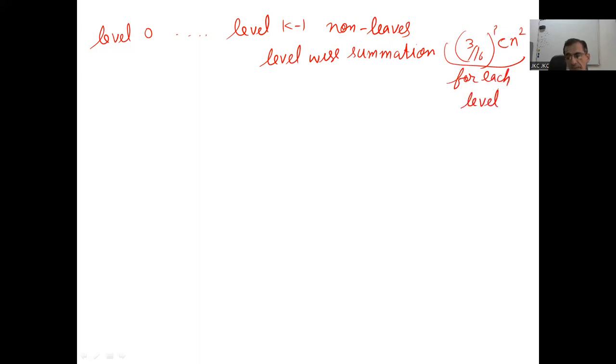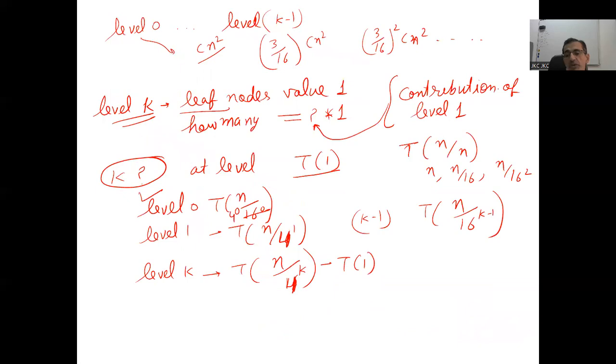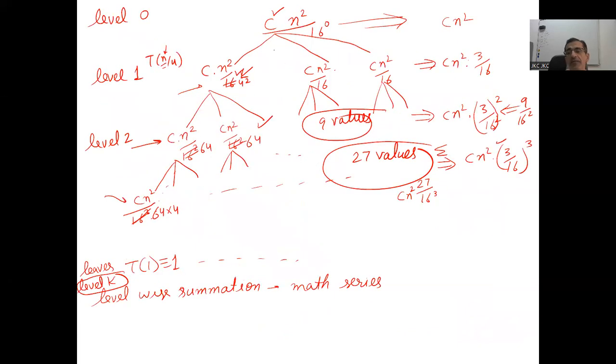Why? Have a look at the previous contributions we discussed. The level summation is Cn squared into 3 by 16 raised to 0, this is 3 by 16 raised to 1, this is 3 by 16 raised to 2, and so on.